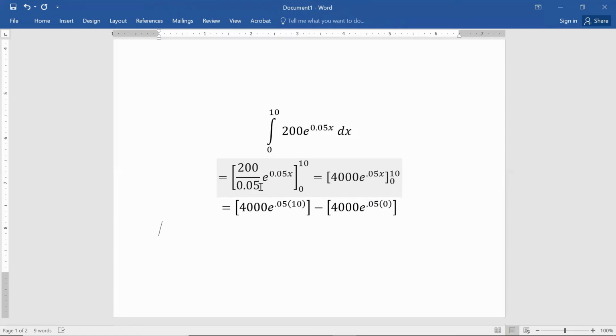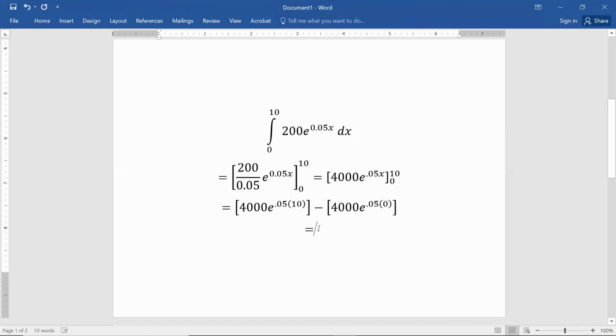I am going to calculate this in one step on my calculator. 4,000 multiplied times e to the 0.05 times 10, minus 4,000 times e to the 0.05 times 0. E to the 0.05 times 0 is going to be 1. And so 1 times 4,000 is just 4,000.